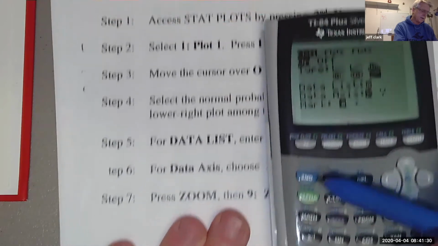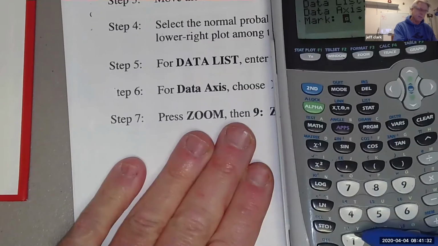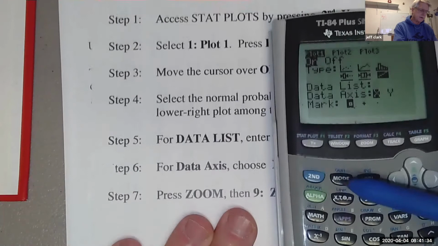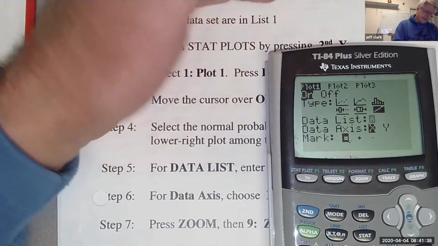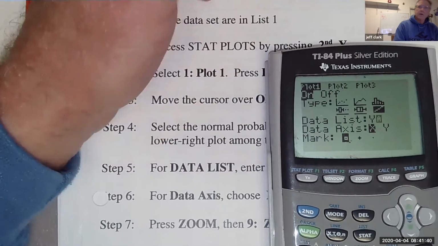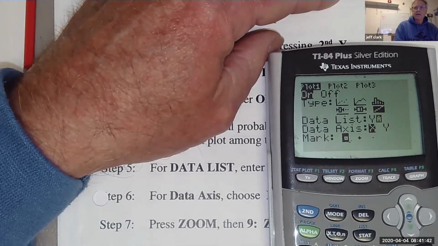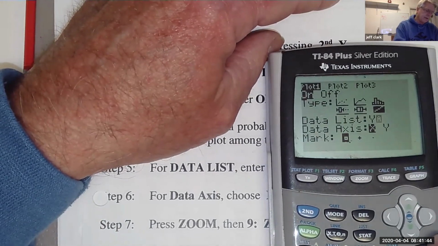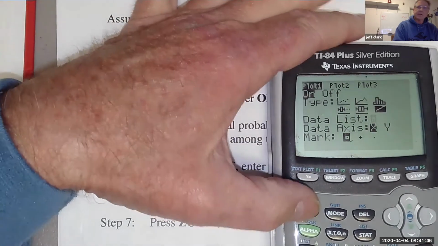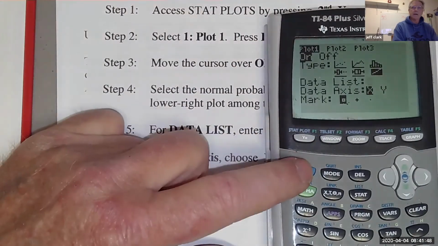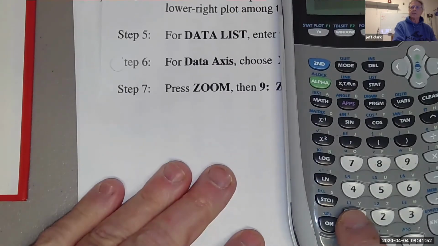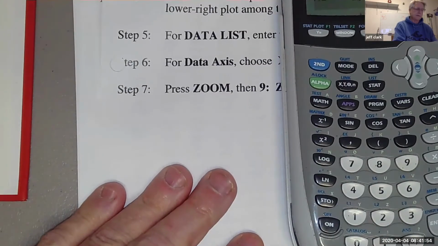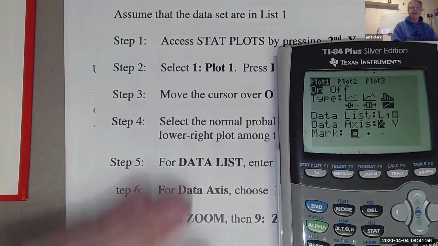You want the second, because mine's blue right here. You want to get to the L1 there. Oh, look at that. It's not right. I don't want A. So I have to clear that out again, and hit the second. Okay, second, and now press the 1. Sometimes it's trial and error. Yeah, so I finally got list 1.